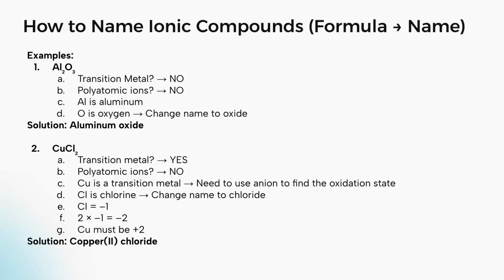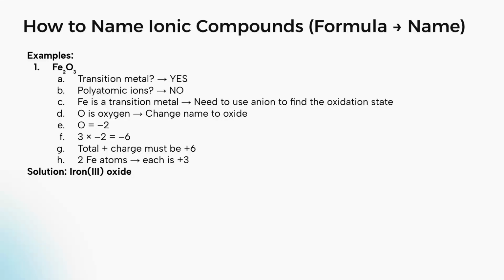What is the charge of chlorine? -1, gotten from the oxidation number. Because there are 2 chlorines, we times 2, so -2 for the total negative charge. Because the total negative charge needs to equal the total positive charge, Cu must have a +2 charge. So copper 2 chloride.